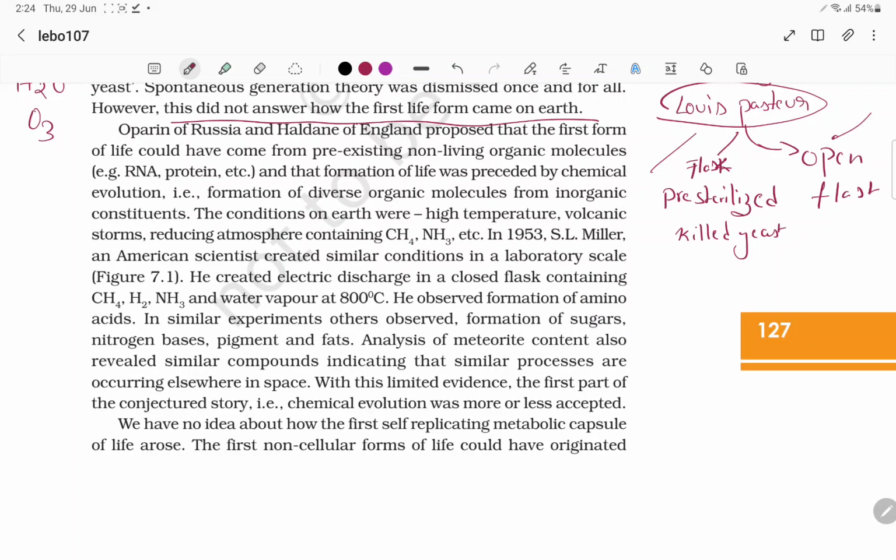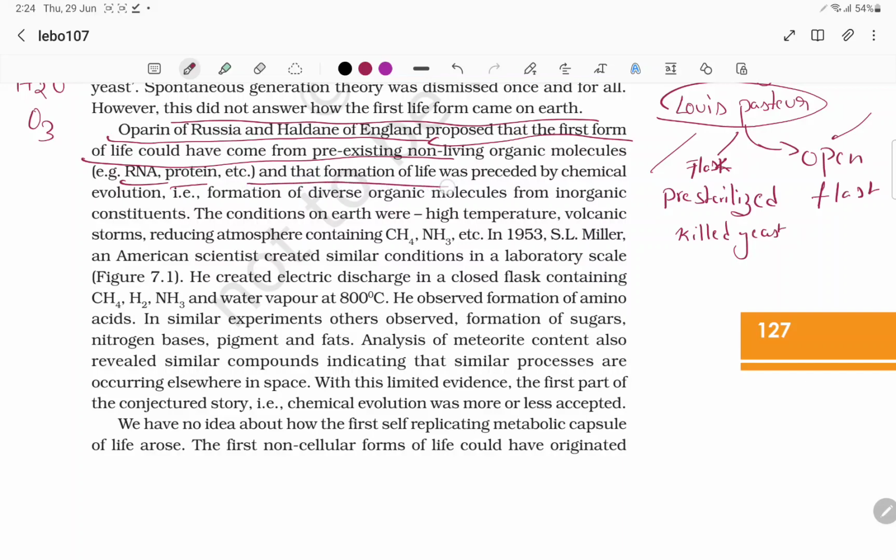Oparin of Russia and Haldane of England proposed that the first form of life could have come from pre-existing non-living organic molecules such as RNA and proteins. They told that life came from pre-existing non-living organic molecules.